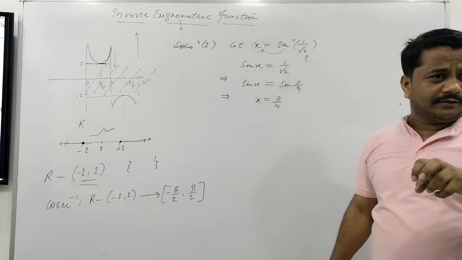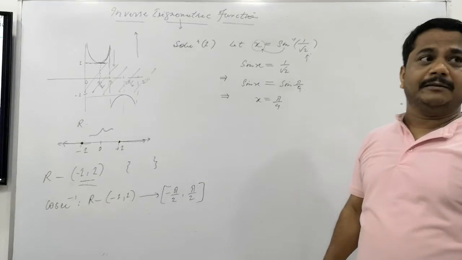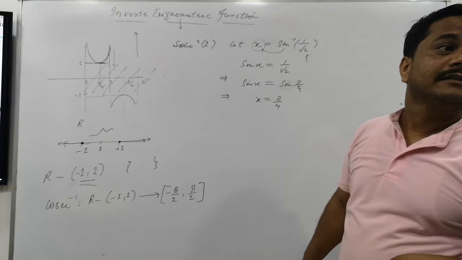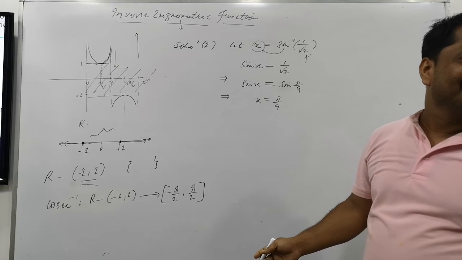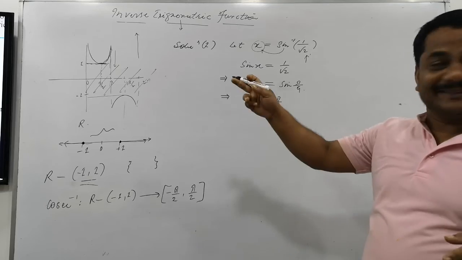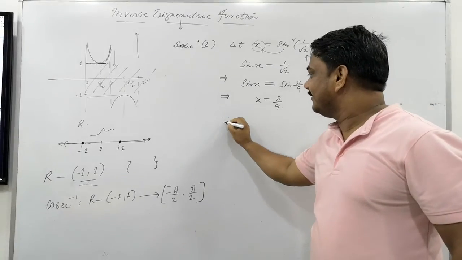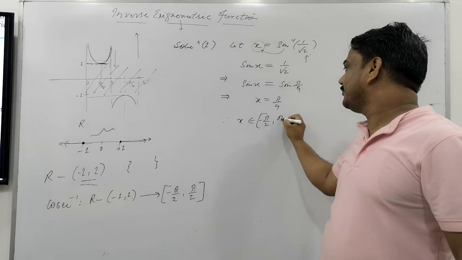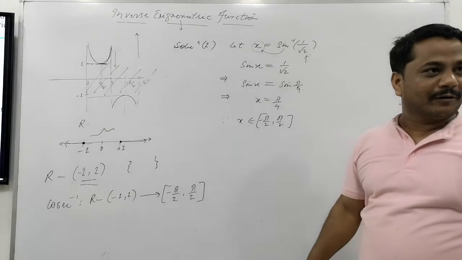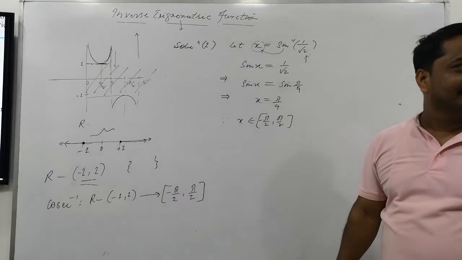So is this a solution? Is it in the range? So tell me, what is the range of sine inverse? You forgot. Minus pi by 2 to plus pi by 2. You just have to remember, okay? So you will write, since x belongs to minus pi by 2 to plus pi by 2, does pi by 4 belong between them?